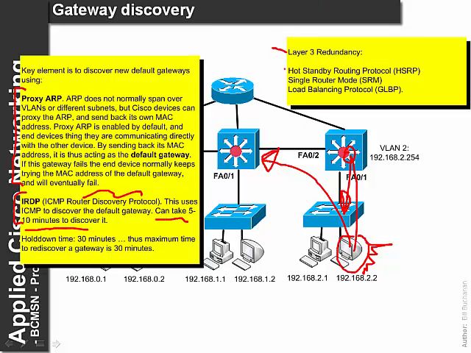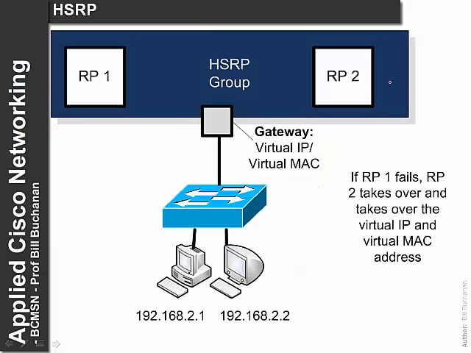In Layer 3 redundancy, we have hot standby routing protocol, HSRP, single router mode, SRM, and the load balancing protocol, GLBP. The hot standby routing protocol is a method that we can use for Layer 3 redundancy.